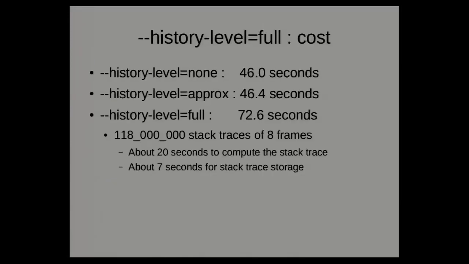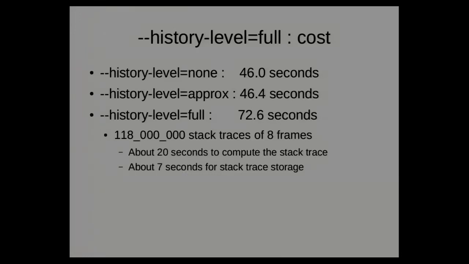So, what is the cost of this history level equal full? Again, I've used my graphical application, which is a multi-threaded application, by the way. With history level equal none, it runs in 46 seconds. With approx, which just records the segment start and segment end of the race function, it's almost the same cost, because it's only when we have thread synchronization that a stack trace has to be recorded. And when we use history level equal full, we have about 73 seconds, so significantly more.